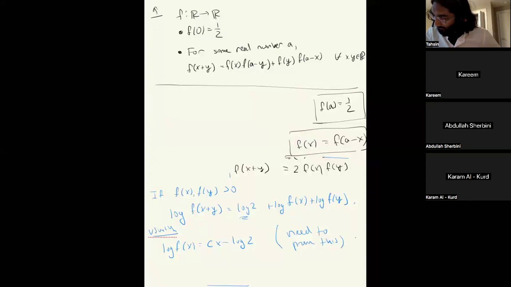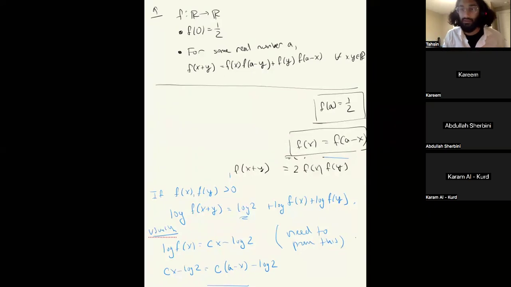It would tell us that cx minus log 2 equals c times a minus x minus log 2, right? For all x, or maybe for most x, I don't know.